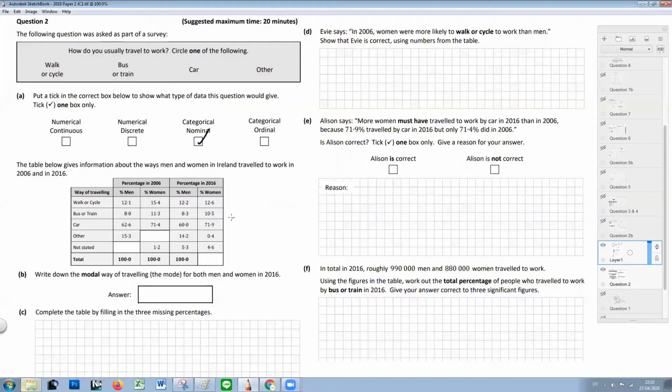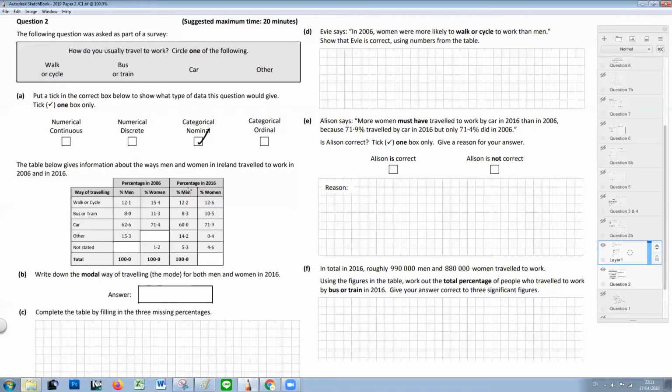The table below gives information about the way that men and women in Ireland travelled to work in 2006 and in 2016. Here we're given the percentages for how men travel to work and how women travel to work, and the ways that they got there. First, write down the modal way of travelling, the mode, for men and women in 2016.